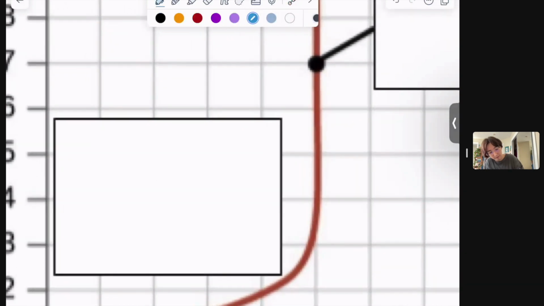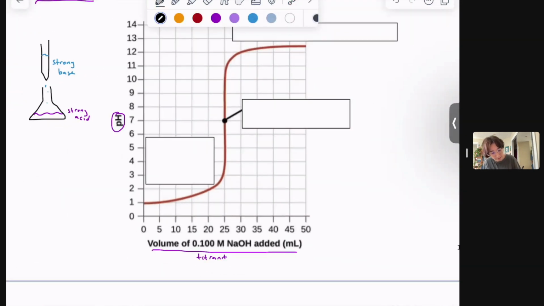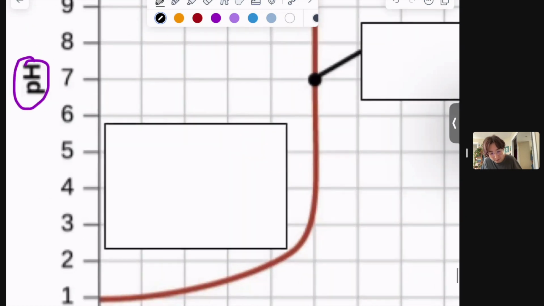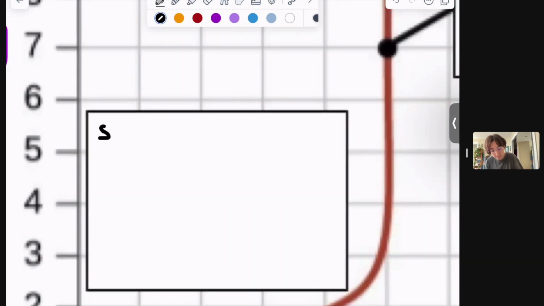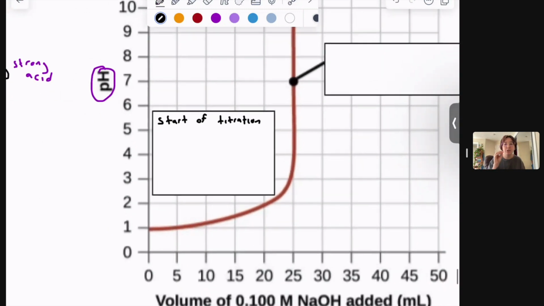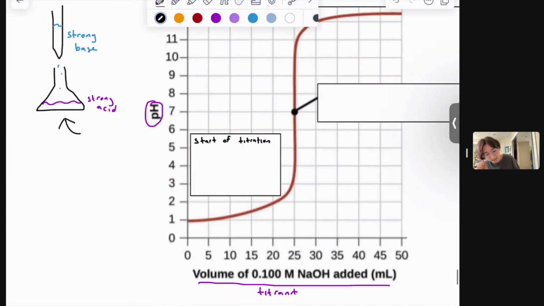So let's label the parts of the curve. It always looks something like this. If you're only taking off one proton, it always looks like this. We've got a flat part at the beginning, so that's the start of our titration. And we are measuring the pH in this flask. So we're talking about what is happening in the flask, in the reaction.